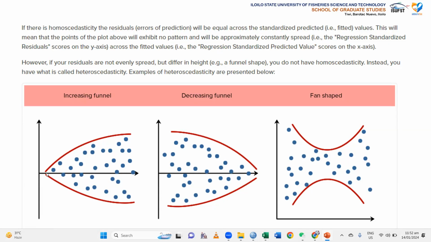As you go from left to right, the height is increasing. That's an increasing funnel. You also have from left to right, the height becomes smaller. That's a decreasing funnel. Or if you have a fan shape like this, increase, decrease, increase, then your data does not exhibit homoskedasticity. These are examples of heteroskedasticity.